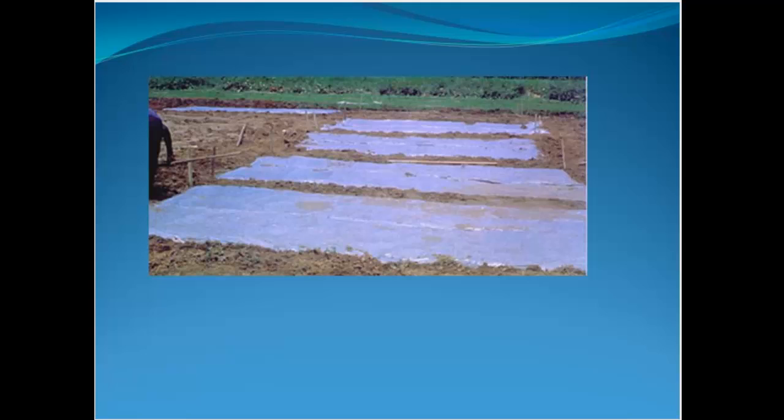So solarization, just briefly: typically we're going to lay clear plastic on the ground. Clear plastic is hotter than black plastic or other types. It is the hottest type of plastic. We put clear plastic down and allow the soil temperatures to increase to very high levels, and by doing so we hope to kill disease pests and also to kill weed seed.